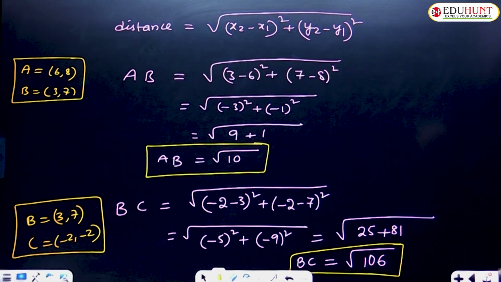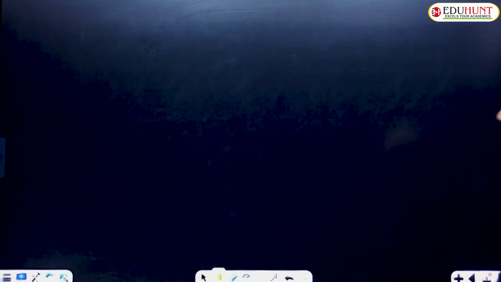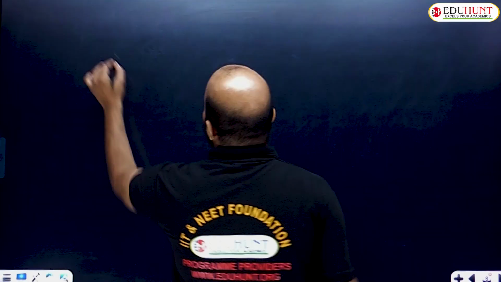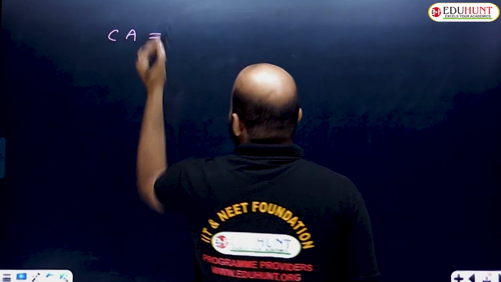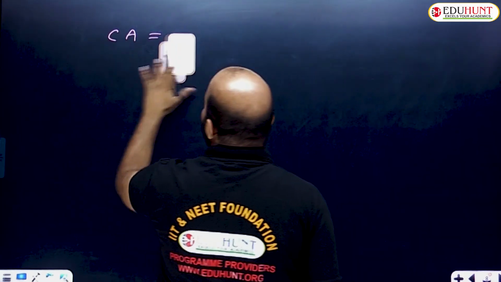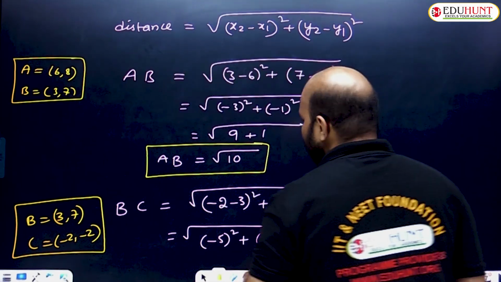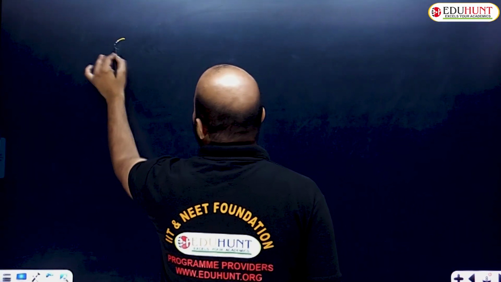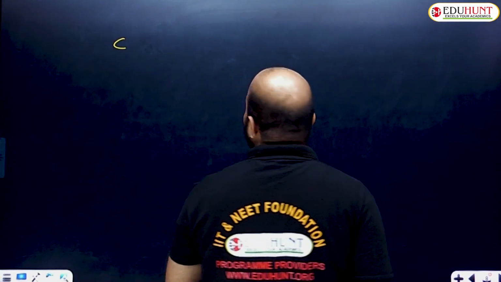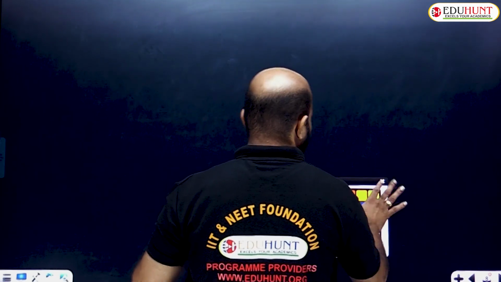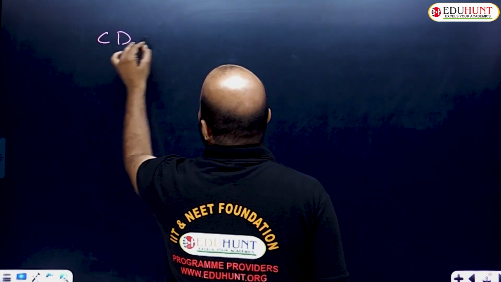So again we need to find CD. First we took AB distance, BC, next followed by CD, because the quadrilateral is given as ABCD. So we need to find CD by using coordinates.